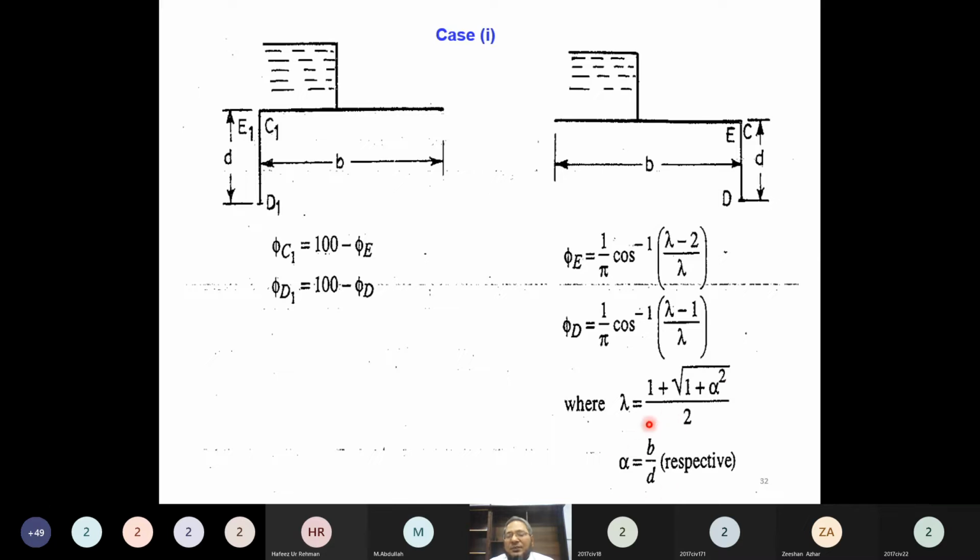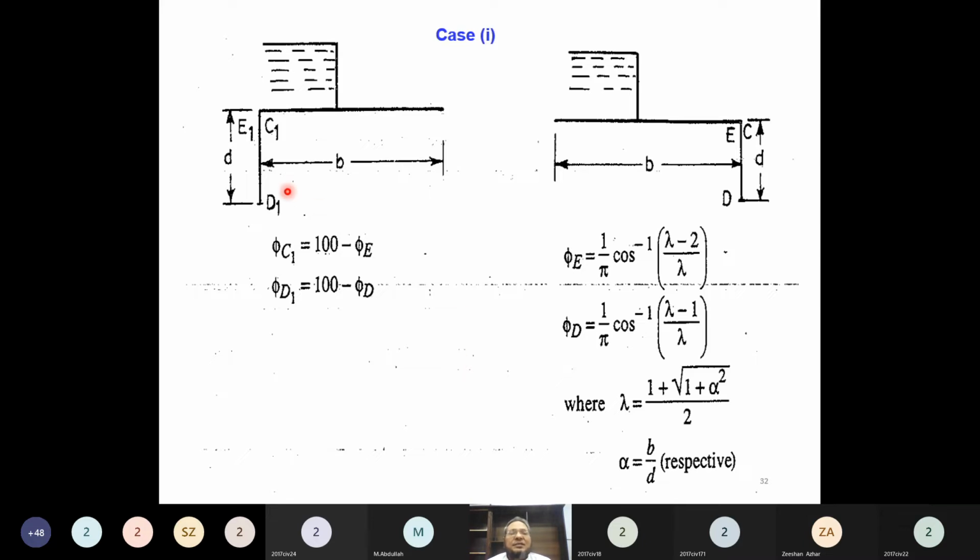Alpha is the ratio between b over d, where b is the length of the concrete floor and small d is the depth of the sheet pile. Okay. So this is case one. It gives us the uplift pressures on the points of either the upstream sheet pile or the downstream sheet pile.